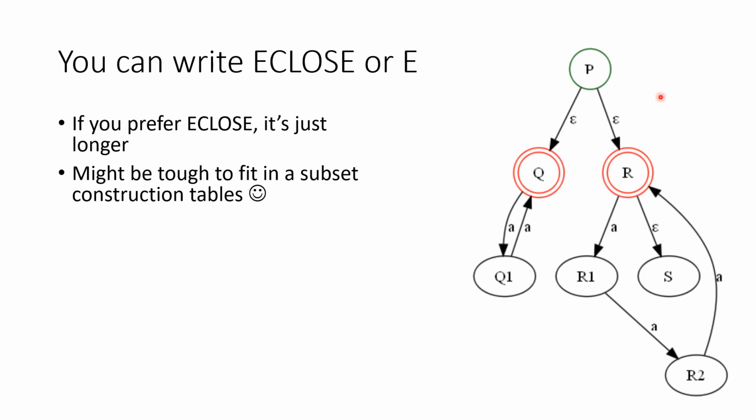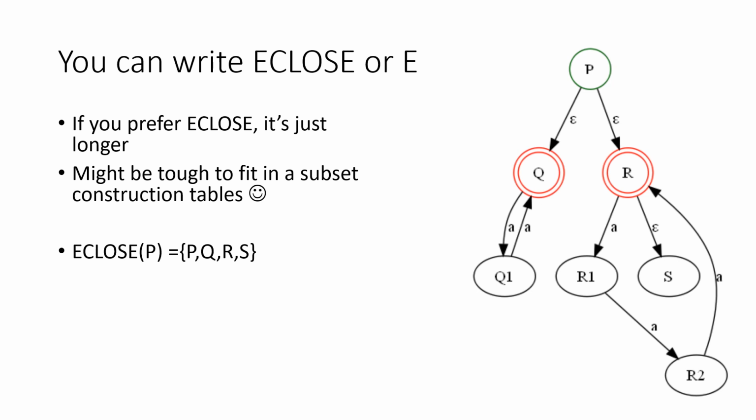Over here, we have the state P, which has epsilon transitions to Q and R, and additionally has an epsilon transition to S. So that means that the epsilon close of P is PQRS.